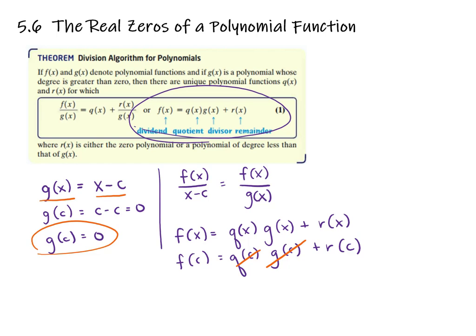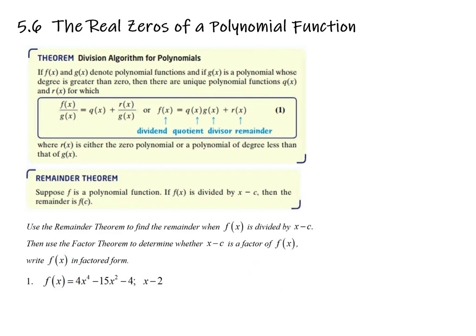And so I end up with f of c is the same thing as my remainder. So this matches what the remainder theorem says. If I'm going to divide by the binomial x minus c, then my remainder is the same thing as f when you plug in c. Let's see how we use that.